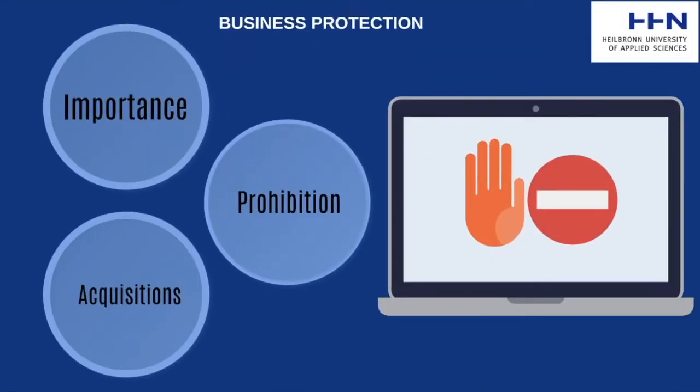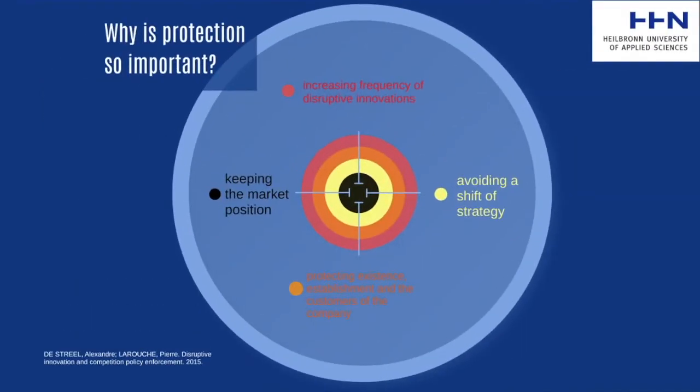Due to the increasing number of disruptive innovations and the associated challenges that affect competition, established companies are under enormous pressure. Protection against disruptive competitors is important insofar as it allows established companies to avoid cost-intensive changes in strategy and structural changes.